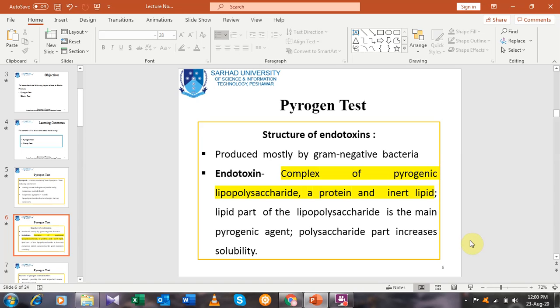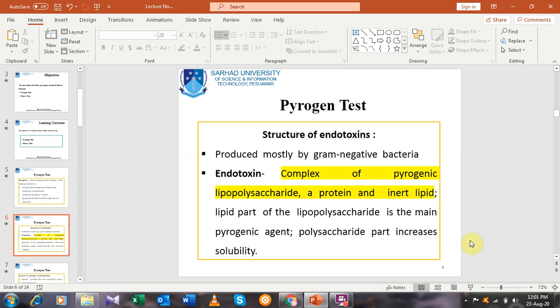Remember that the last one, the inert lipid, that particular part in the structure of endotoxin, is the lipid part of the lipopolysaccharide, the main pyrogenic agent, while the polysaccharide, which is also part of the endotoxin, increases the solubility.